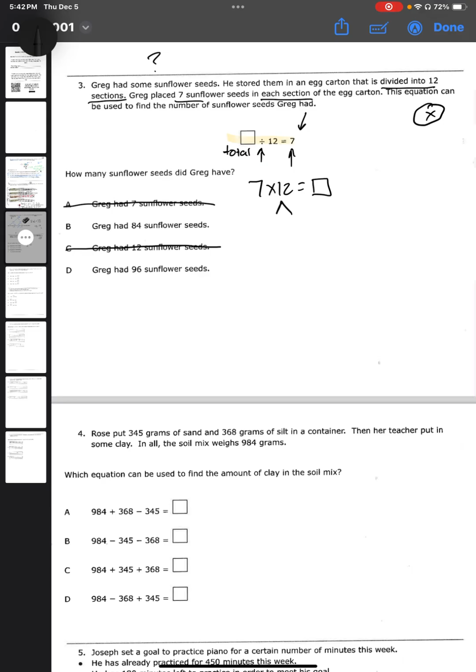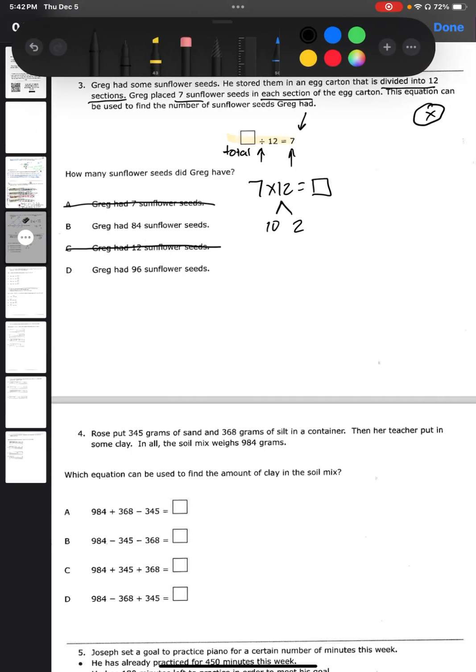We've done that plenty of times. We can decompose 12 into 10 and 2. At this point, we need to multiply our 7 by both factors. 7 times 10 is 70. 7 times 2 is 14. If we add 70 and 14 together, we come up with 84. And look right there, there's an answer, 84 for us.